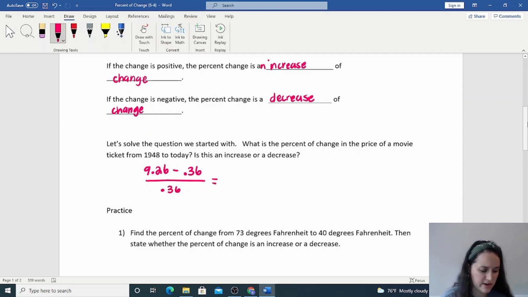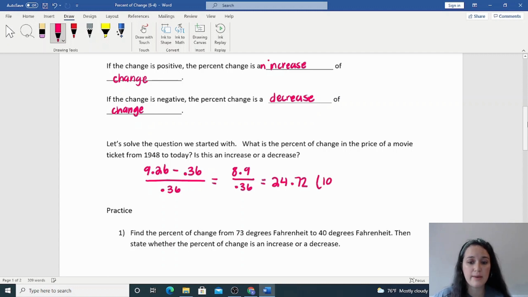Okay, we're going to find out what that is. We're going to multiply that by 100 once we figure it out. 9.26 minus 0.36, so that gives me 8.9 over 0.36. So divided by 0.36. So that's 24.72 repeating. And then I take that and I multiply that by 100.